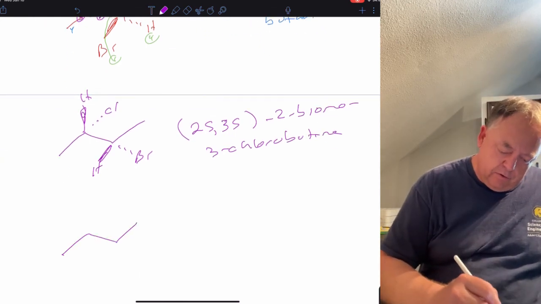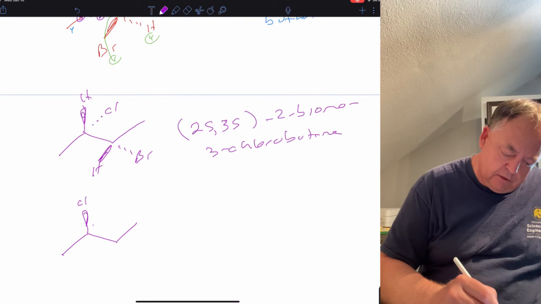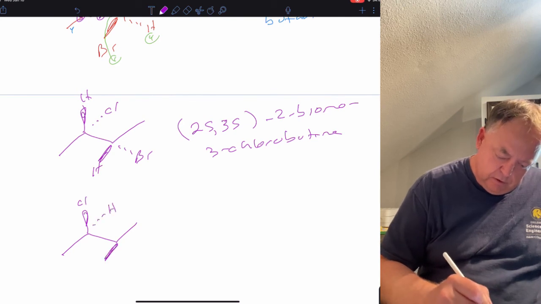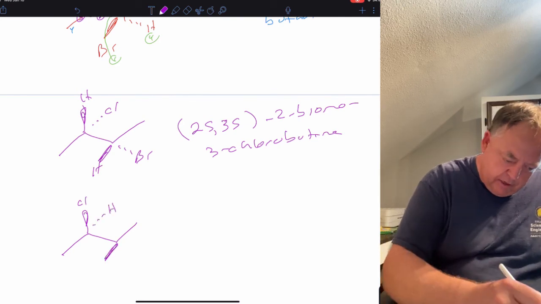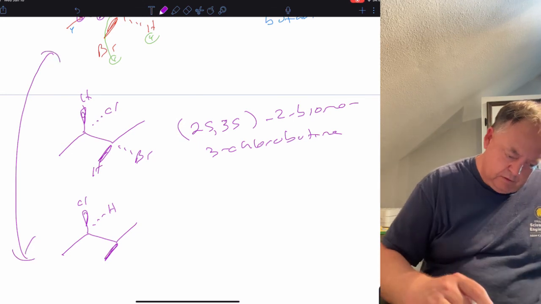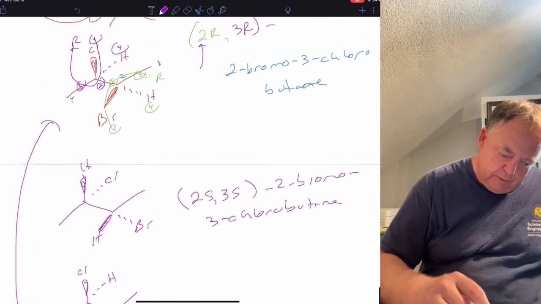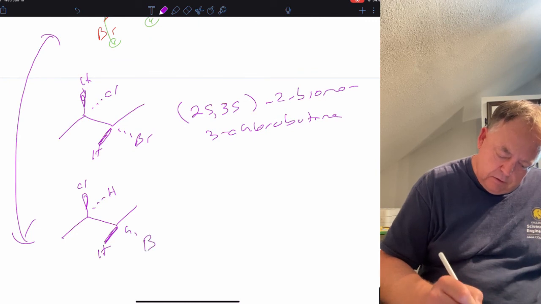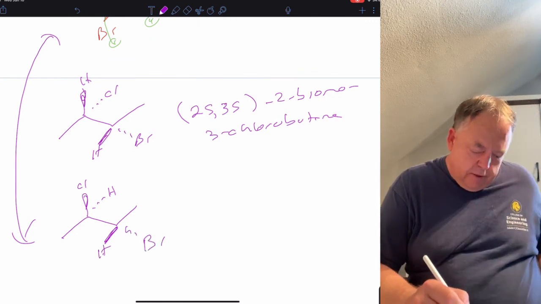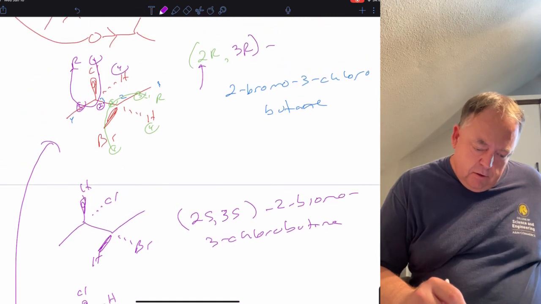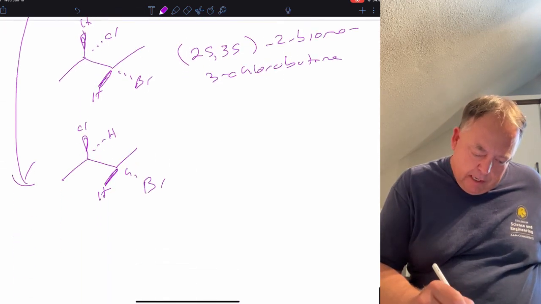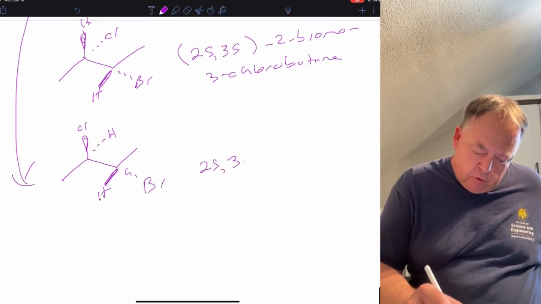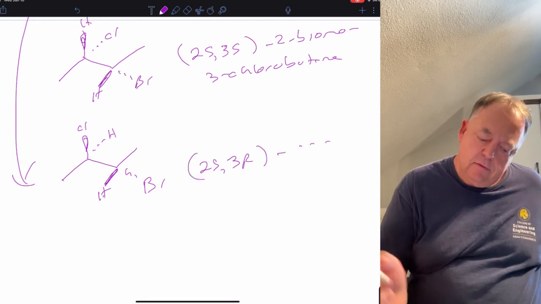And if I only flipped one, so let's say we keep the chlorine the same, but we flip the bromine, then this molecule would be, okay, so it was 2R, so now it's 2S, and 3 is still R, right?